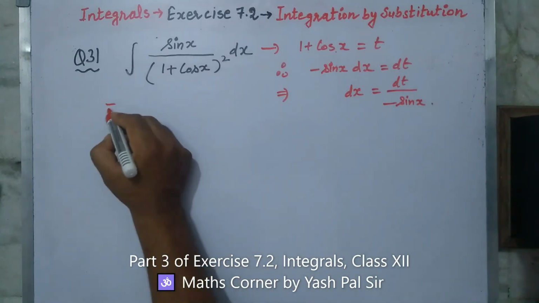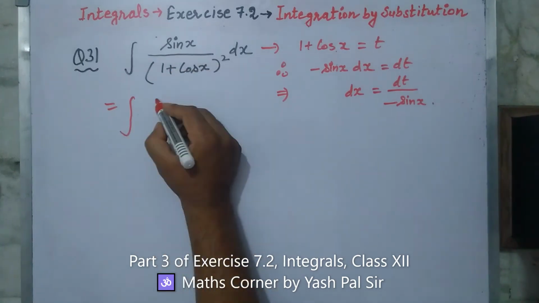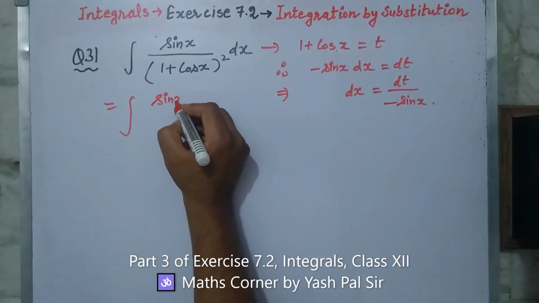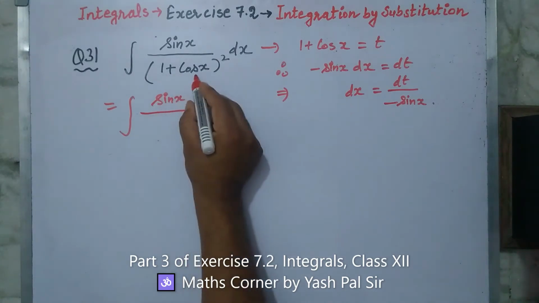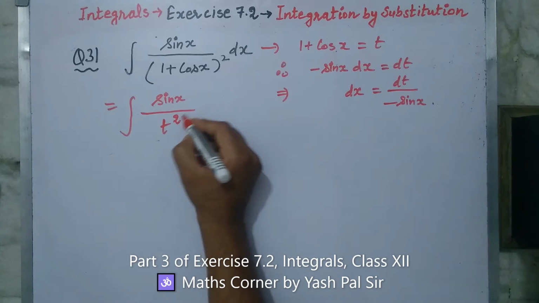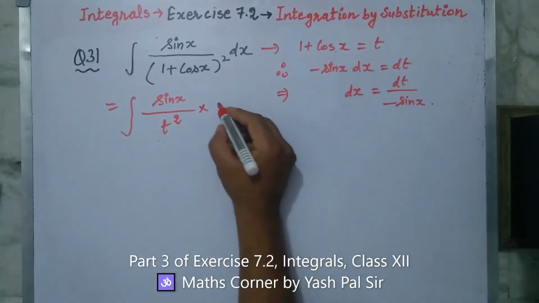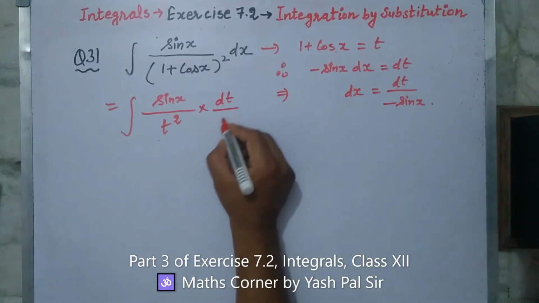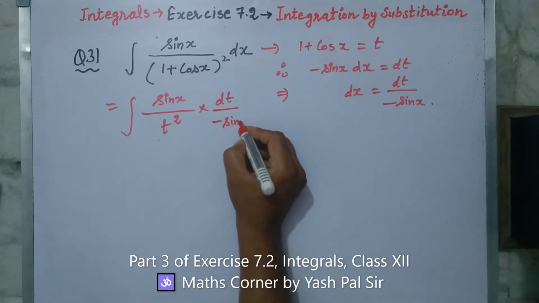So this question is now sin x upon (1 plus cos x, meaning t) whole square, and dx meaning dt upon minus sin x.